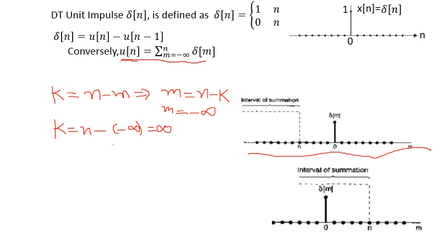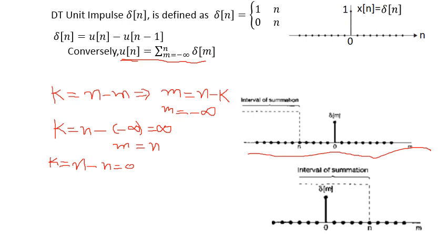Similarly, when m equals n, that is the upper limit. The lower limit for m was minus infinity, so based on this the limit for k will be plus infinity, and the upper limit for m is n, so based on this the value of k will be n minus n, which is equal to 0, right?